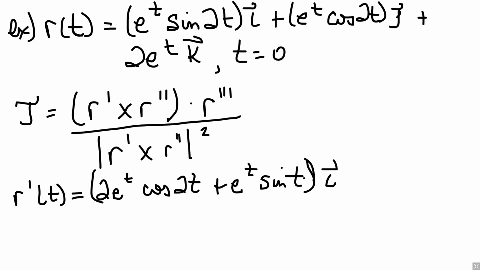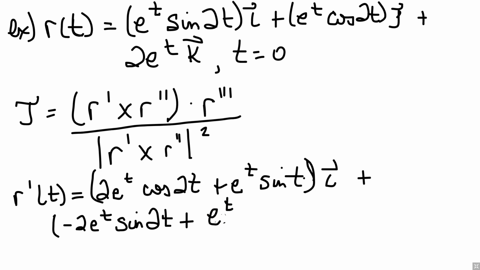That was in the i component, plus negative 2 e to the power t sine 2t plus e to the power t cos 2t in the j direction, and then plus 2e to the t in the k direction.